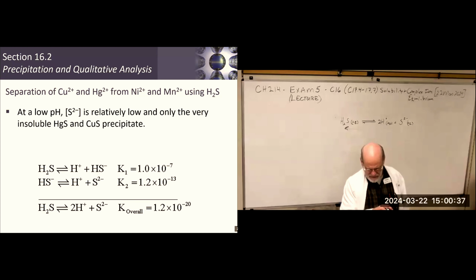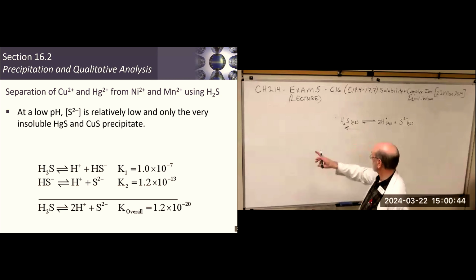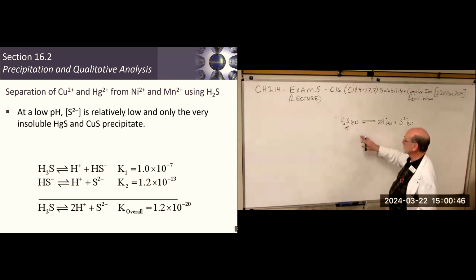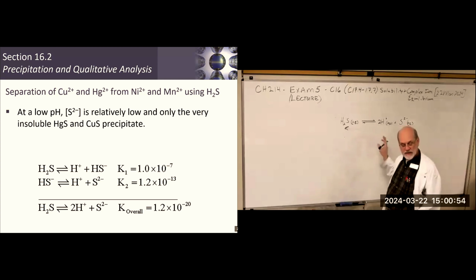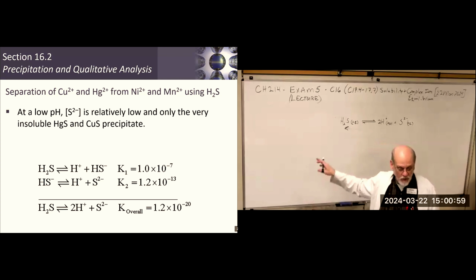If we, let's see, the overall K for this one, actually, this is the combination of two, right? Because if it's got 2 protons, it's going to go through losing 1 proton, then losing the second proton. But if we combine the 2, then we can get an idea of what the overall reaction is.